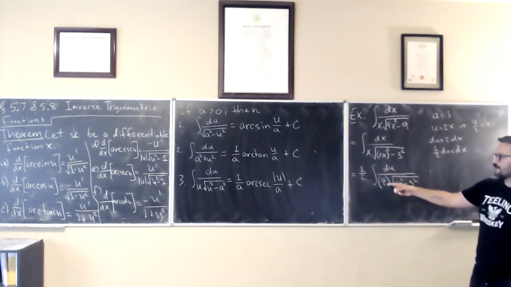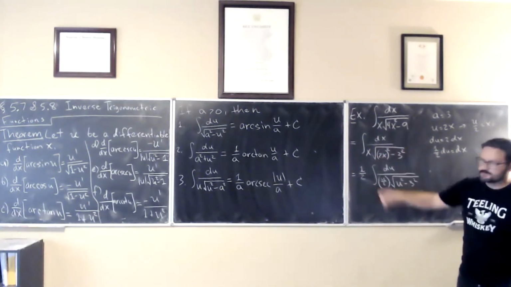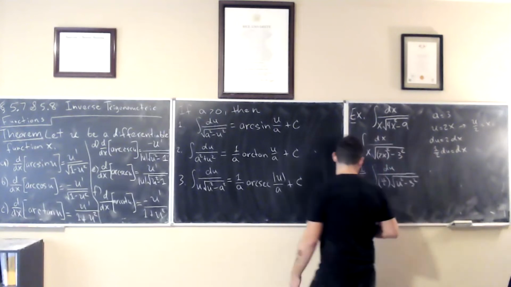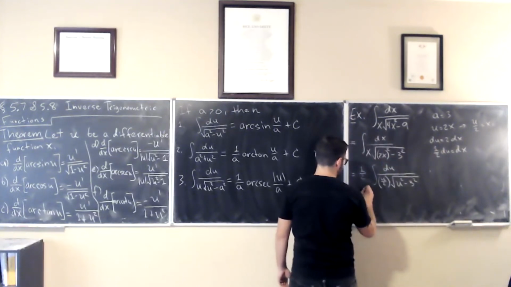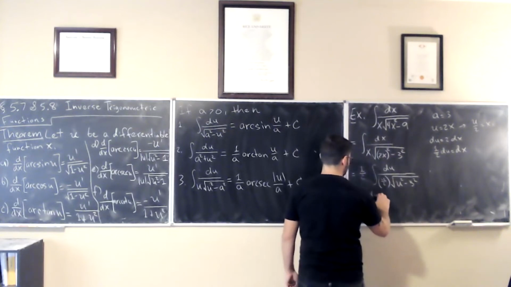So dividing by a half is the same thing as multiplying by 2. And if I take that 2 out, 2 times that half goes away. So now we have everything that we need.